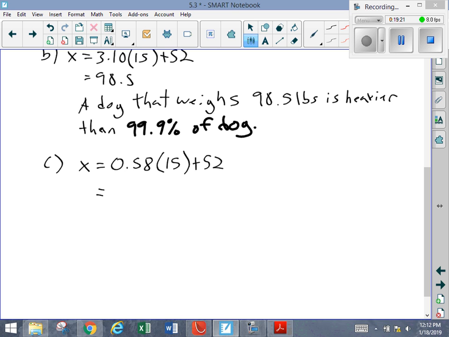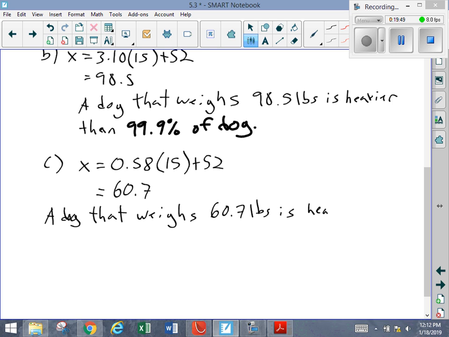That gives us 60.7. To interpret this in context, a dog that weighs 60.7 pounds is heavier.